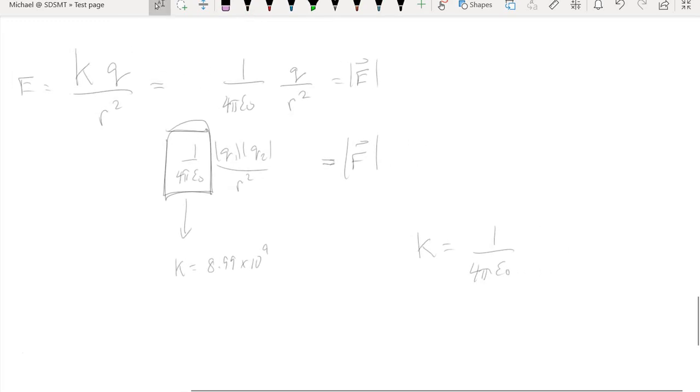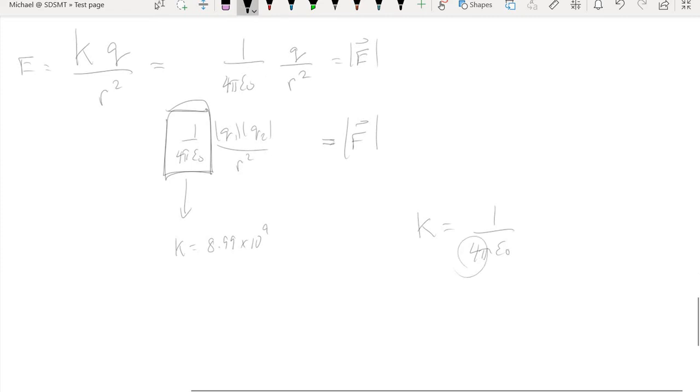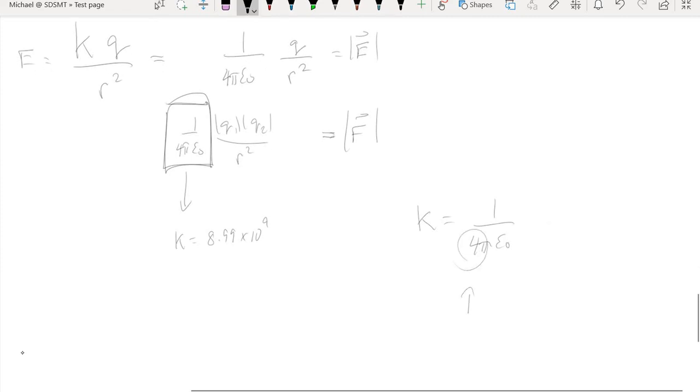Epsilon is measuring the behavior of the medium that exists between our charges. But where does the 4 pi come from? Well, that 4 pi is actually a result of the geometry in the system, and we're going to see where that comes from in the next chapter, chapter 23.